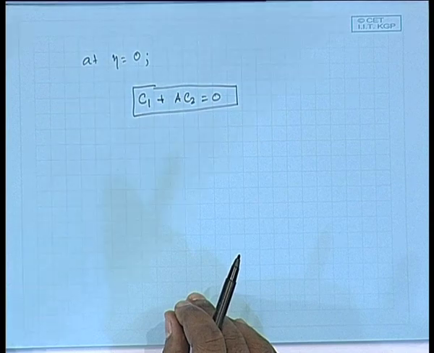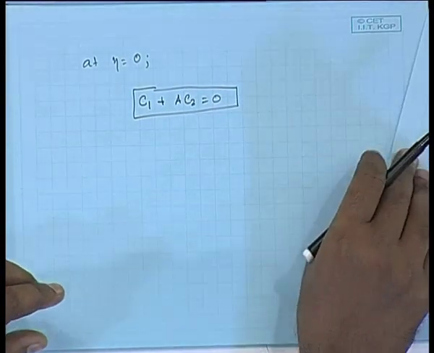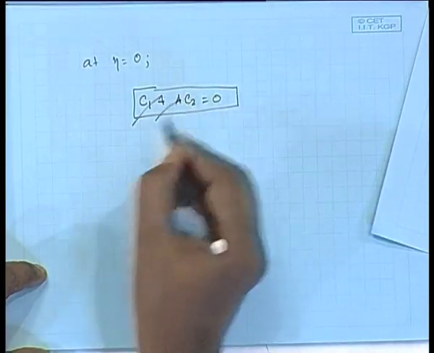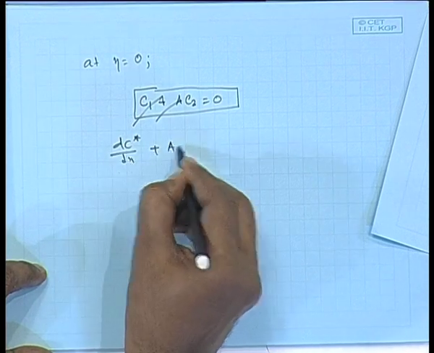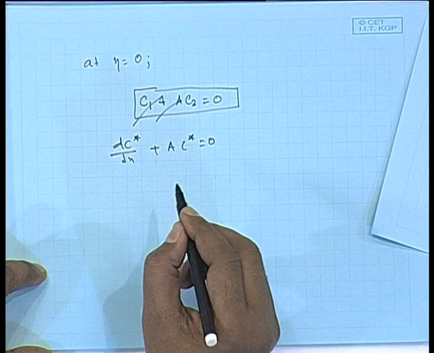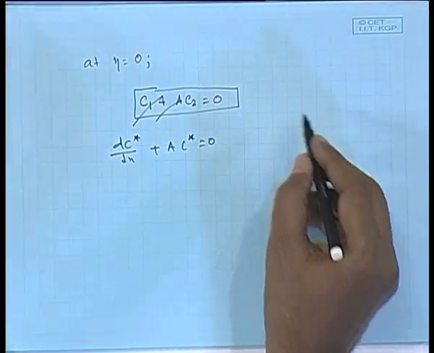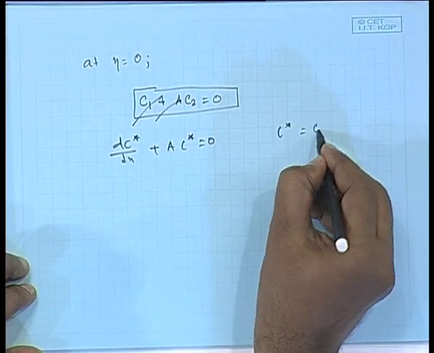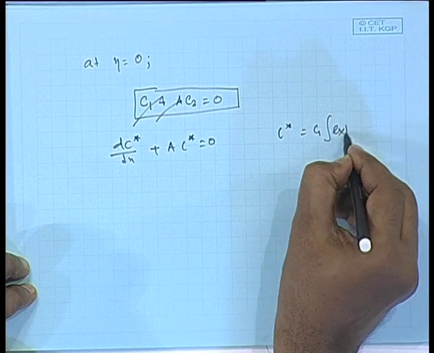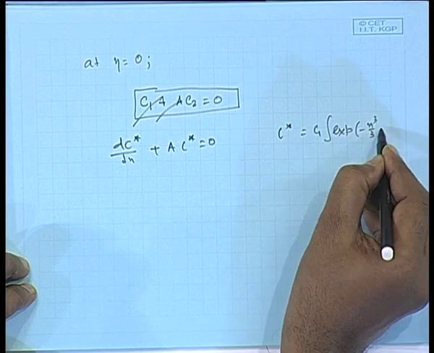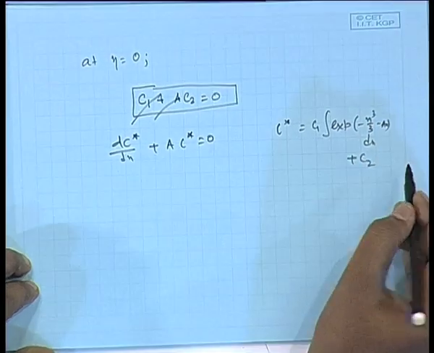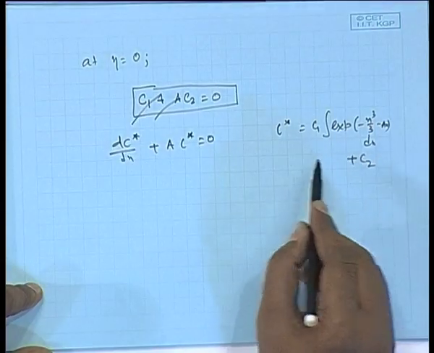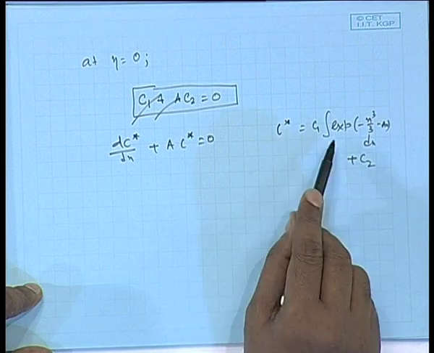Let us look into the boundary condition at eta equal to 0. At eta equal to 0, your dC star d eta plus AC star was equal to 0, right. And what is your C star? C star is nothing but C1 integral of exponential minus eta cube by 3 minus A eta d eta plus C2. At eta equal to 0, C star will be equal to C2.